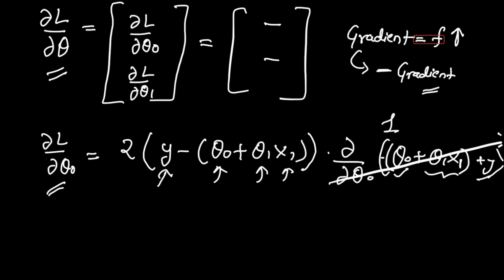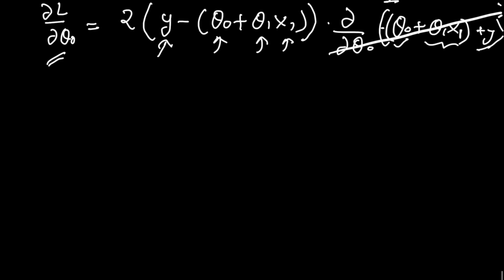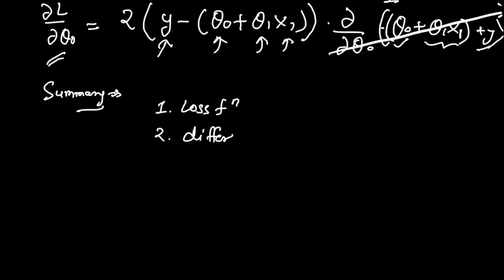So the summary for this lecture is quite simple: we first define the loss function. Once we define the loss function, we differentiate it with respect to theta, that is the parameters, and after we get those gradients, we move in the negative direction of the gradient to get other points.